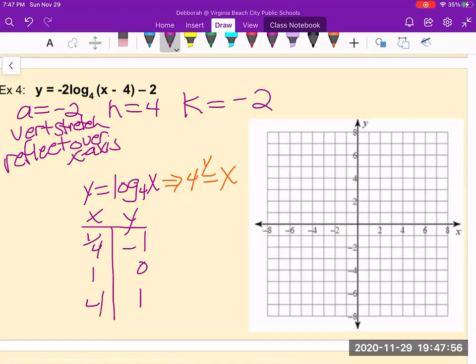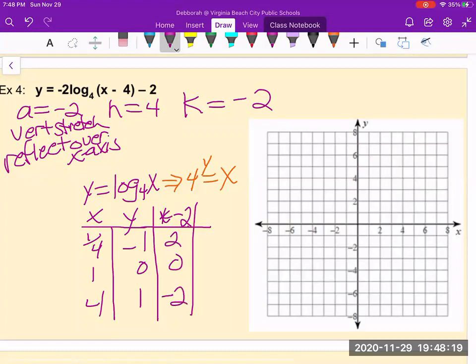This time we're going to apply the value of a, which is -2, so we're going to take that y and multiply it by -2. So -1 times -2 is +2, 0 times -2 is 0, and 1 times -2 is -2.